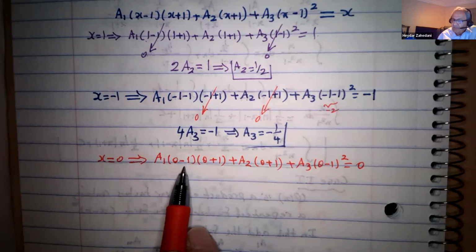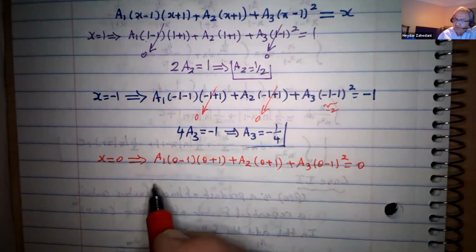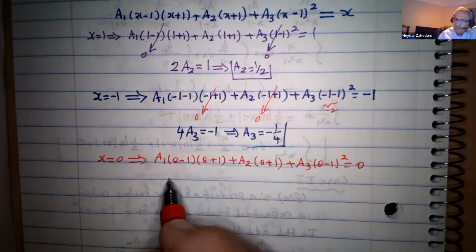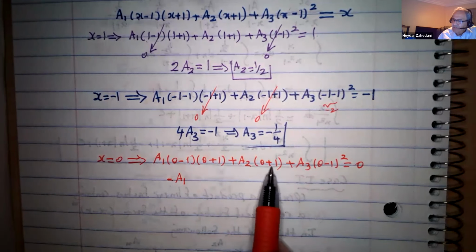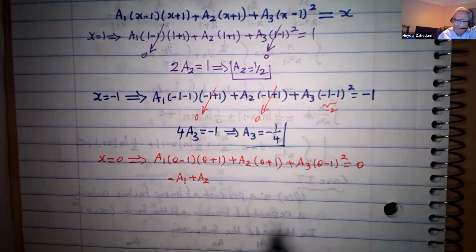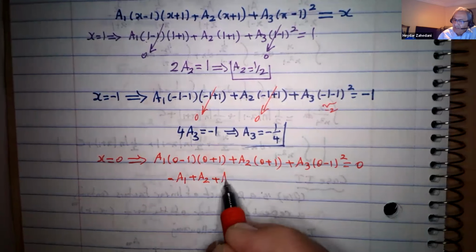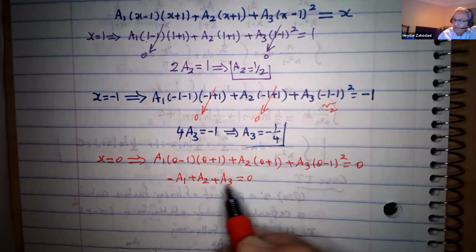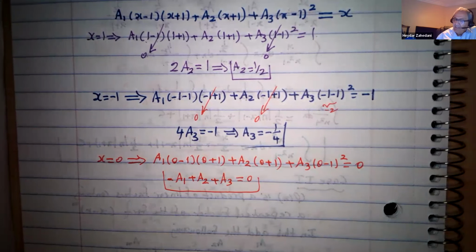Now over here that would be -1 times +1, that is -1, so this would be -a1. Over here this is going to be just +1, so that will be a2. And here that's going to be 1 squared, so a3. Equal to 0. So you have a relationship between a1, a2, and a3.